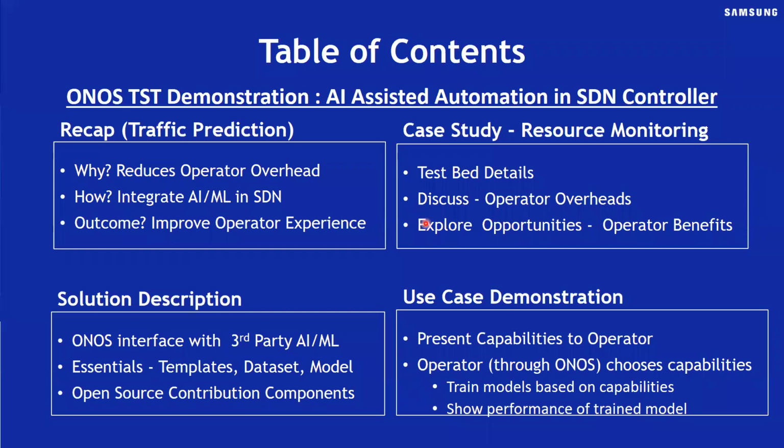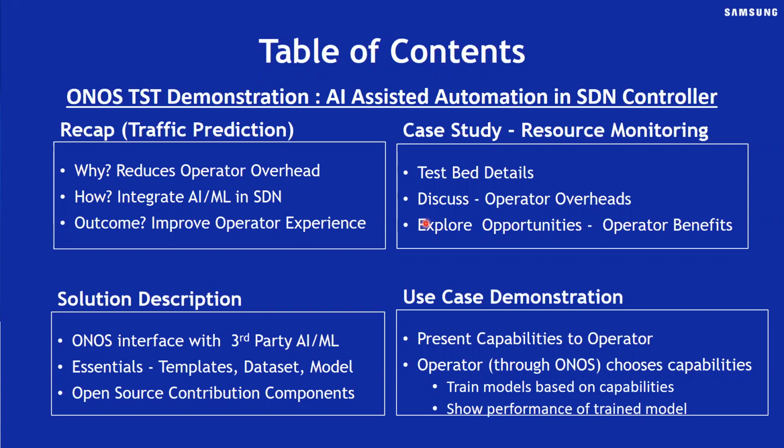So this slide talks about how we have organized our presentation. Firstly, we want to reiterate the importance of traffic prediction. We will shortly walk through the limitations and benefits of with and without traffic prediction from the operator's point of view.